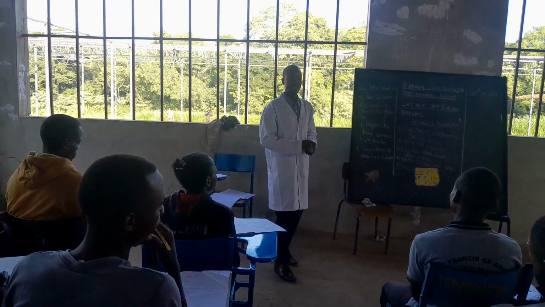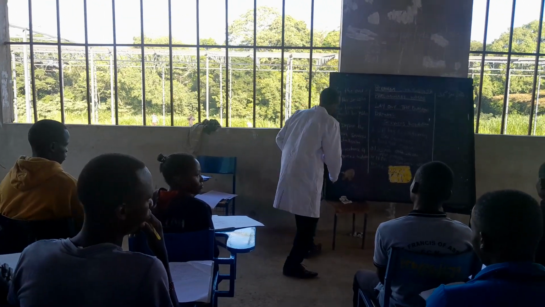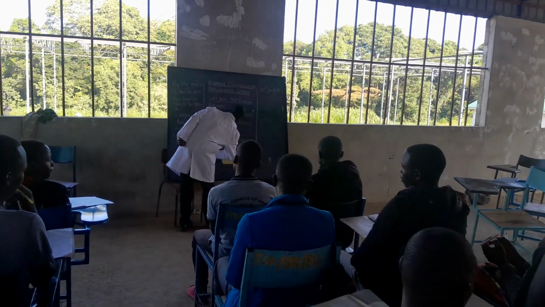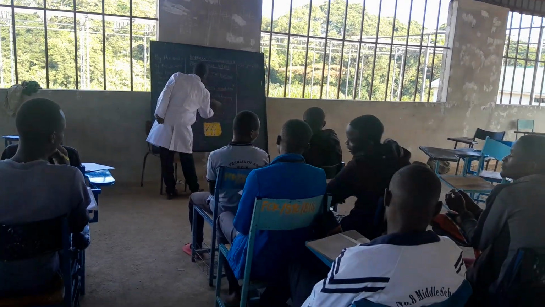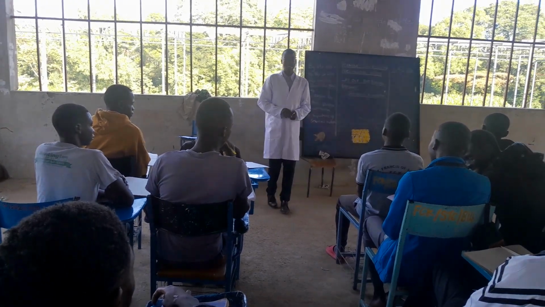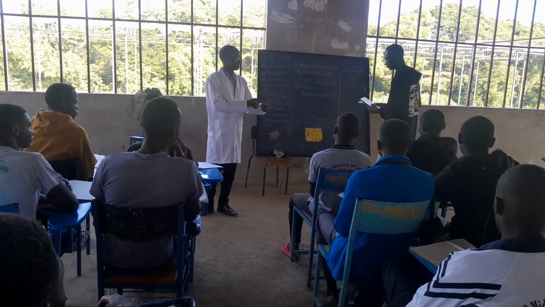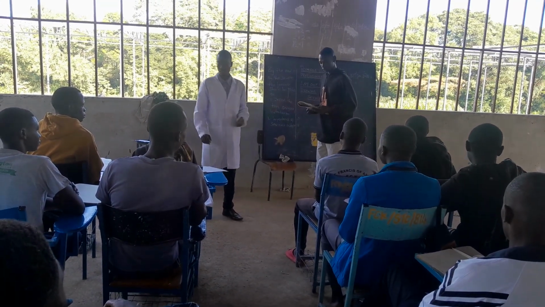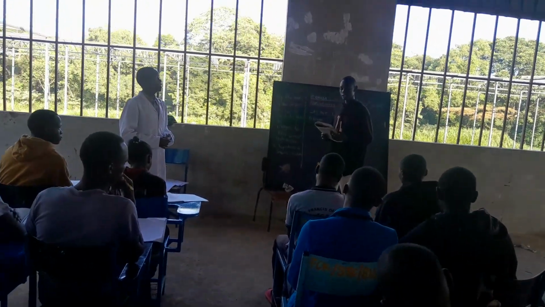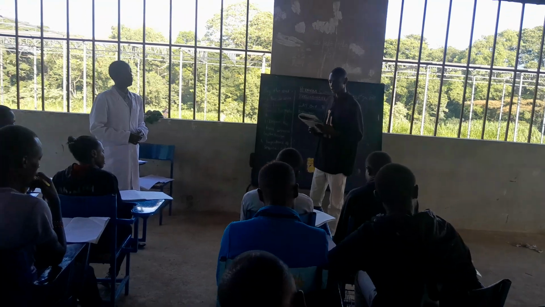Now group number 3. Can you come with your presentation? What were you discussing, group number 3? We are discussing how you can ensure installation services align with future needs.